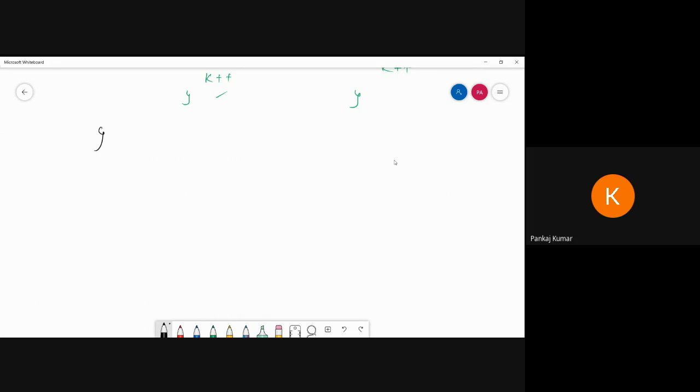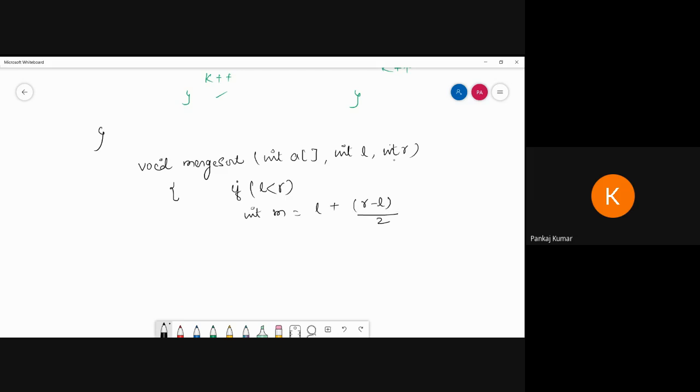So we have to perform the merge sort. I am writing void merge sort, int array, int l, and int r. And inside that I am writing if, that is the first statement. Then we have to perform int m equal to l plus (r minus l) divided by 2. Then merge sort of array, l, m.